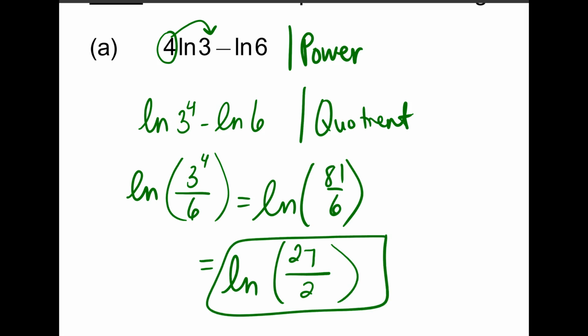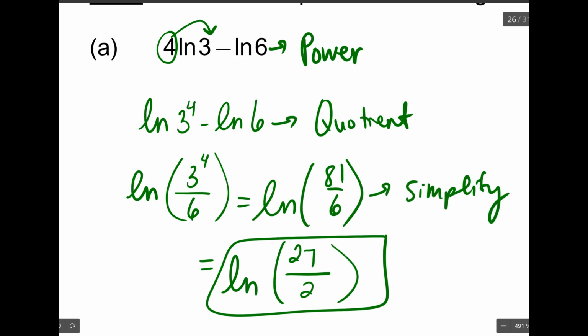I wrote it as a single logarithm. So power, then we do quotient, then we simplify. 81 divided by 3, 6 divided by 3.